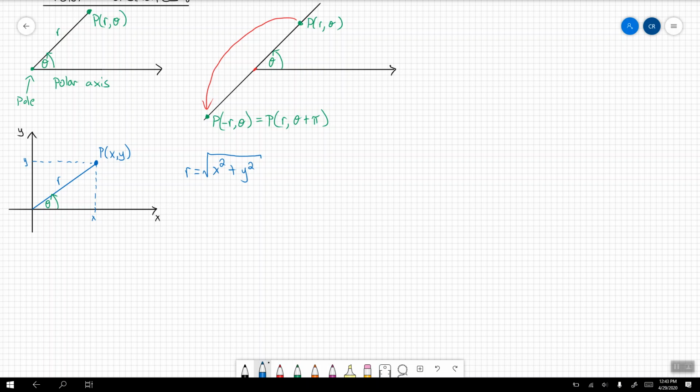Now going back to trig, we have this right triangle taking place here, and we can start extracting. We can say that cosine of theta is going to be equal to x divided by r, and we can also say that sine of theta is going to be y over r.